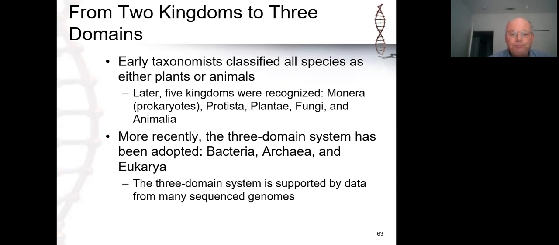So given those challenges, it was decided to create three super kingdom classifications, and you recognize those, the three domains, the bacteria, archaea, and eukarya.